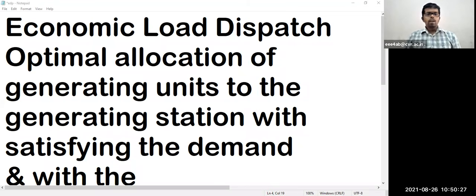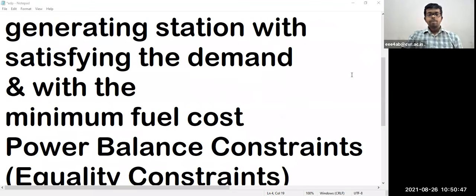The economic load dispatch problem is defined as the optimal allocation of generating units to the generating station, satisfying the load demand and also with the minimum fuel cost.